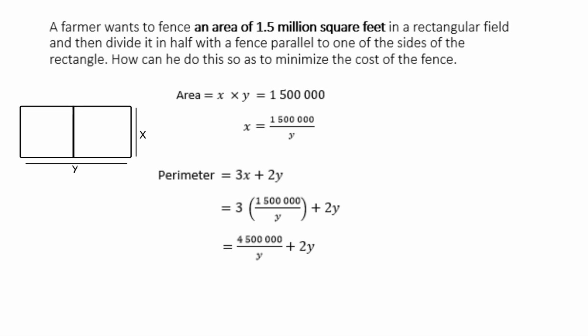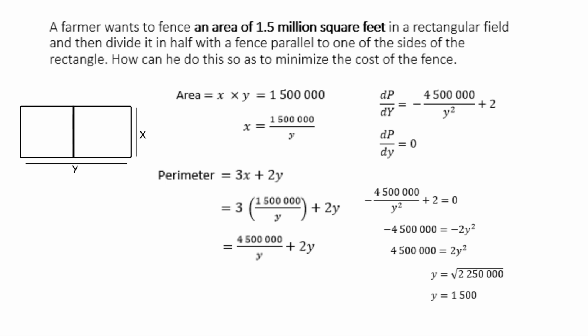After that, we take the derivative: dP over dy equals negative 4,500,000 over y to the power of 2, plus 2. Then set the derivative dP over dy equal to 0. After that, we solve for y.